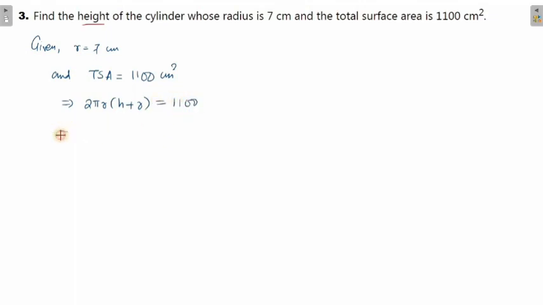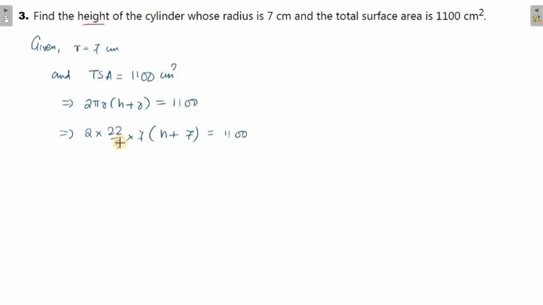Now let's put the values. So we have 2 into pi, which is 22 by 7, into r. R is 7. H plus r, r is also 7. We don't know the value of h, so that's why it is kept as it is. But just wait a minute, radius is given to be 7, so let me write 7 out here. So this is equal to 1100.